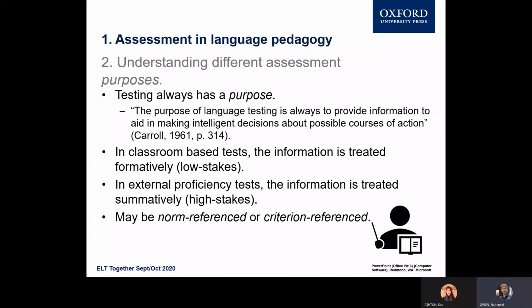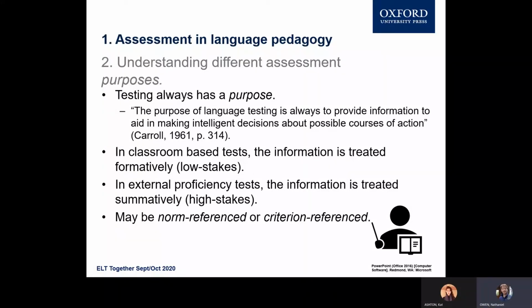Within both of those environments, we can talk about norm and criterion reference testing as well. This may be familiar to you, but just to reiterate, a norm reference test is one in which we are comparing test takers directly against each other. Imagine you have a class of 30, you give them a test and you add up their scores.